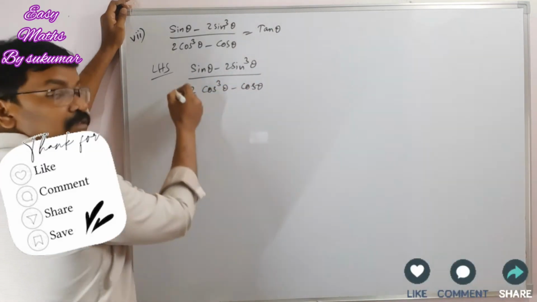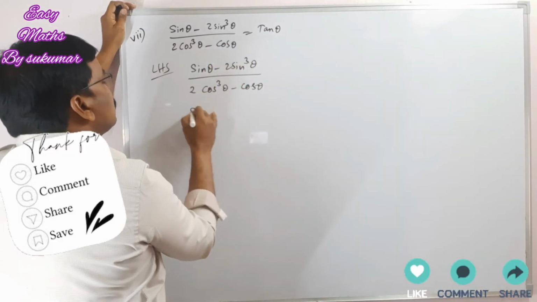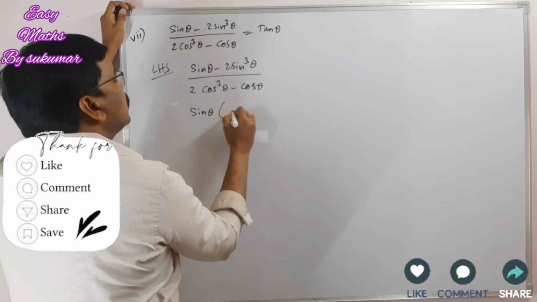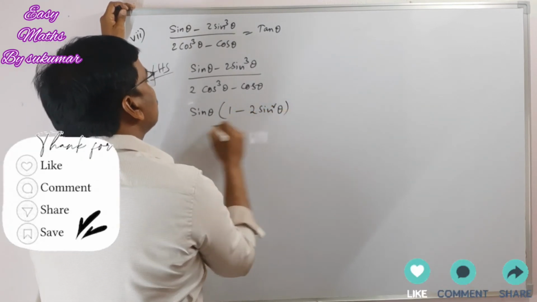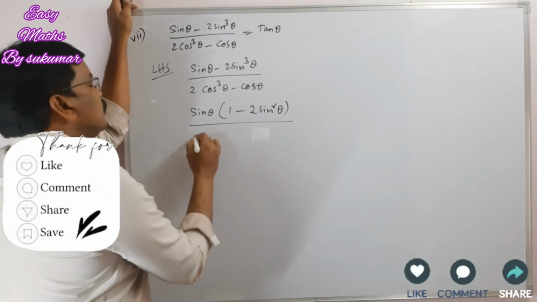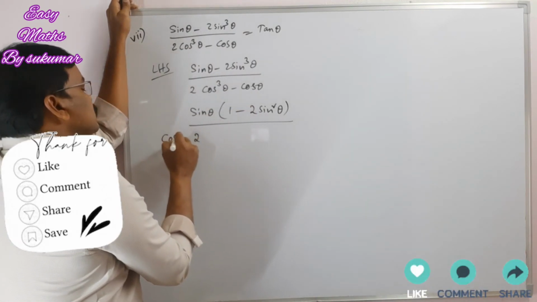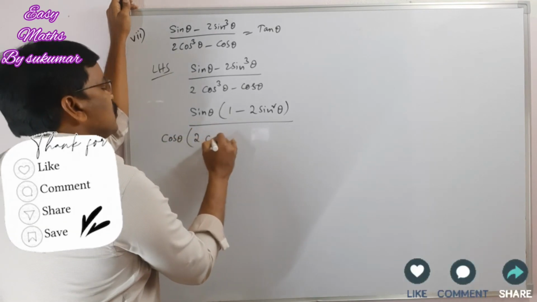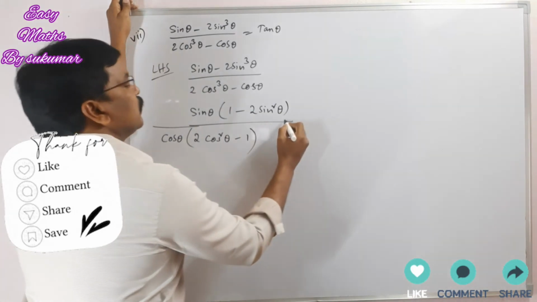See here, sin theta is a common factor in the first two terms. That means take sin theta as common. That means 1 minus 2 sin square theta by, here also the same, take cos theta as common here. That means 2 times cos square theta minus 1. Right.